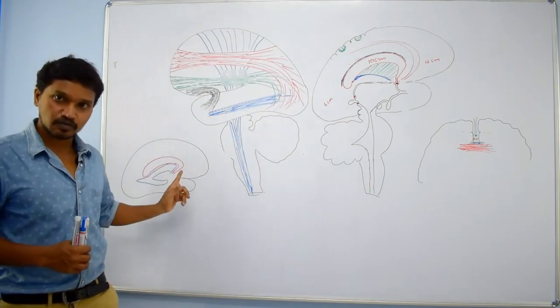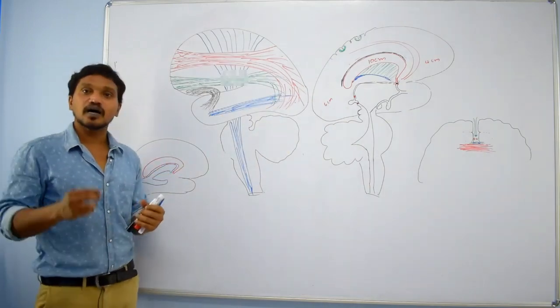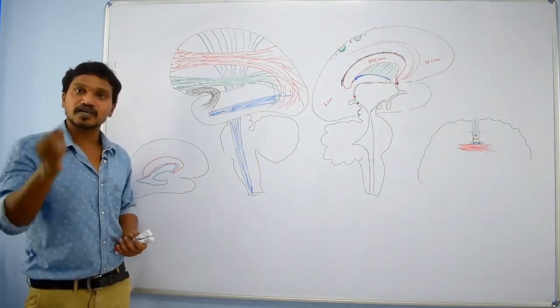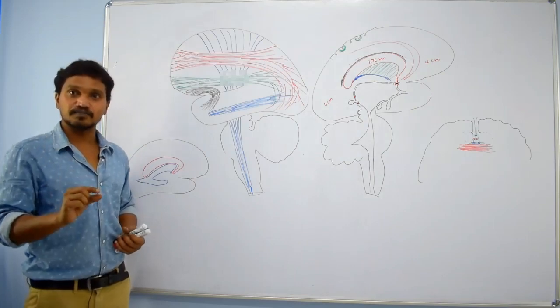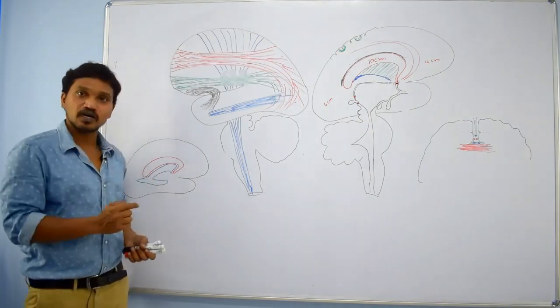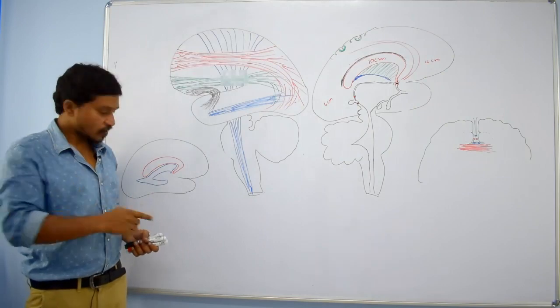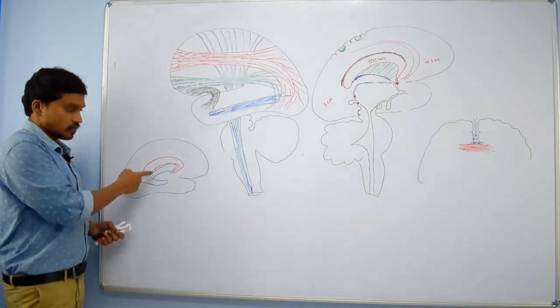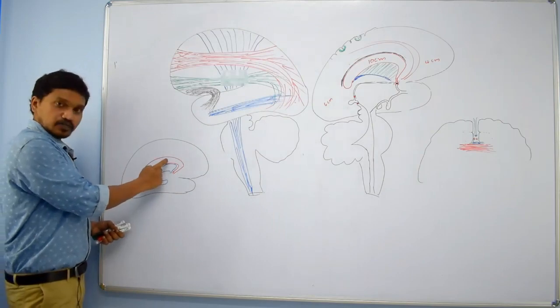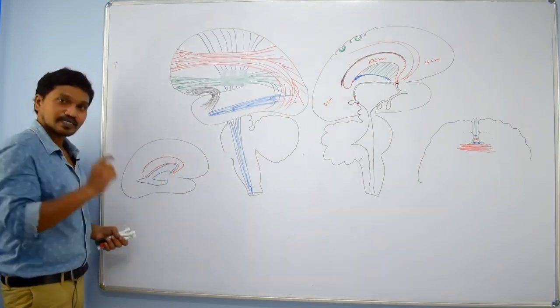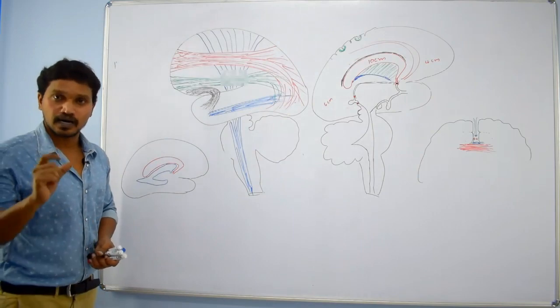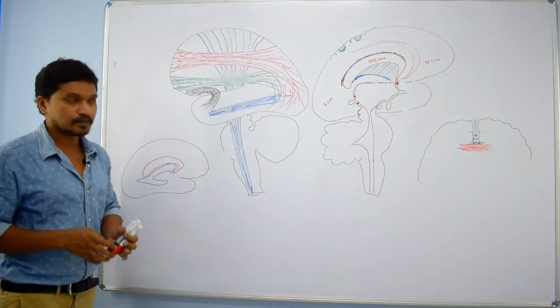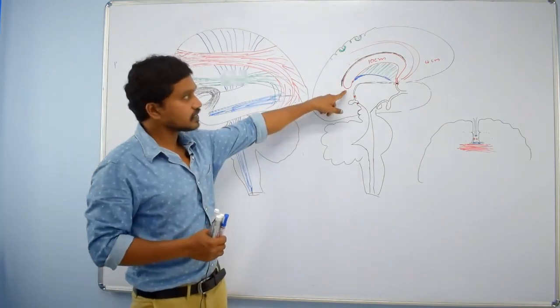I hope you understood. Genu forms the anterior boundary for the anterior horn of lateral ventricle. Rostrum forms the floor of anterior horn of lateral ventricle. And body forms the roof for the central part of lateral ventricle. Clear?